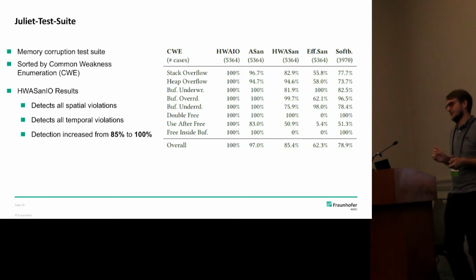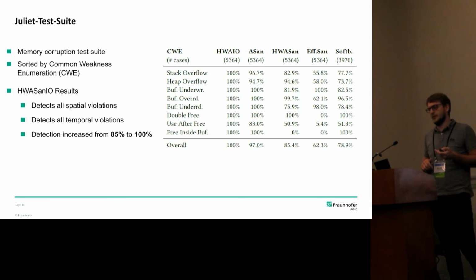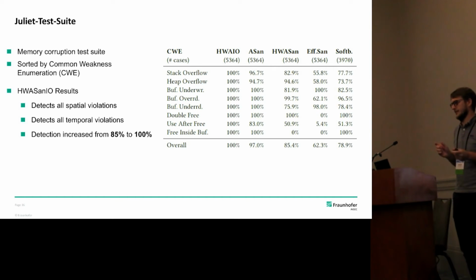And this is also where we perform better than AddressSanitizer, because AddressSanitizer can't detect intra-object violations. Now that doesn't mean that we will always detect every bug in the wild, because we still have the small entropy due to the tag bits. So we only detect all overflows and underflows, but if you jump between different variables, then you might have a tag reuse and probably a false negative.